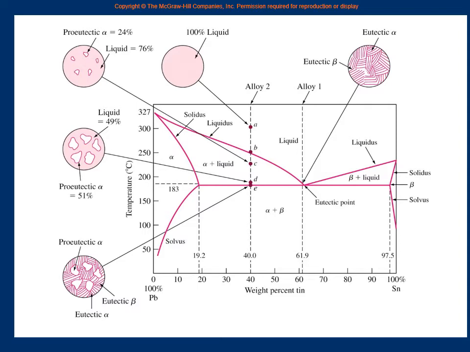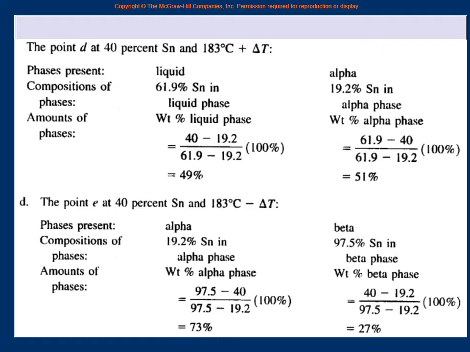It cuts alpha at 19.2%, which is given, and goes to the right and cuts beta at 97.5%. So just below the eutectic temperature, or at the eutectic temperature, beta is 97.5% tin and alpha is 19.2% tin.